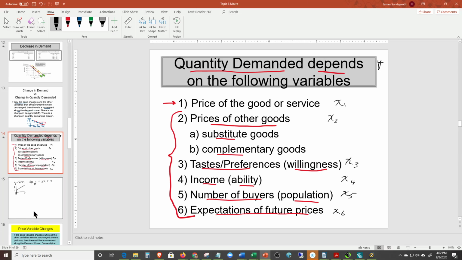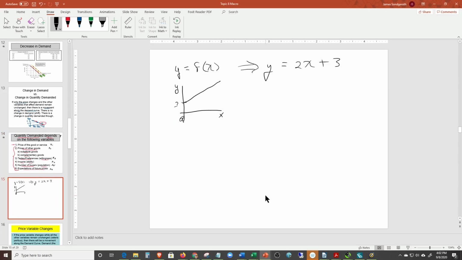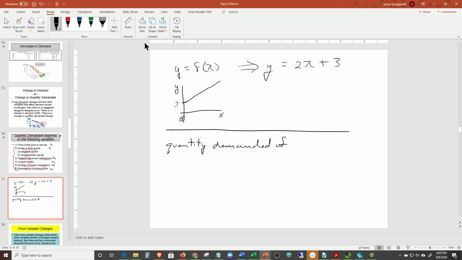So then if we come back here, we could say the quantity demanded of a good, say y, is a function of the price of the good, other prices, taste and preferences, income, the number of people in the market, the population, and expectations.